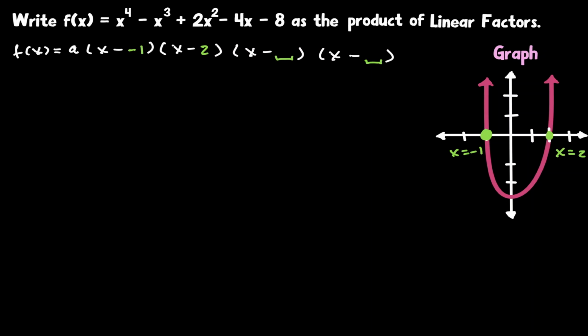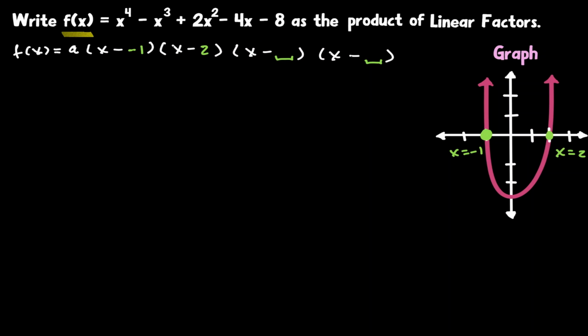Now, how are we going to find these other 2 solutions that we are missing? We cannot identify them just by graphing. One way to do that is to understand what we have done. Here we are saying that this polynomial has x plus 1 as a factor and also x minus 2 as a factor.